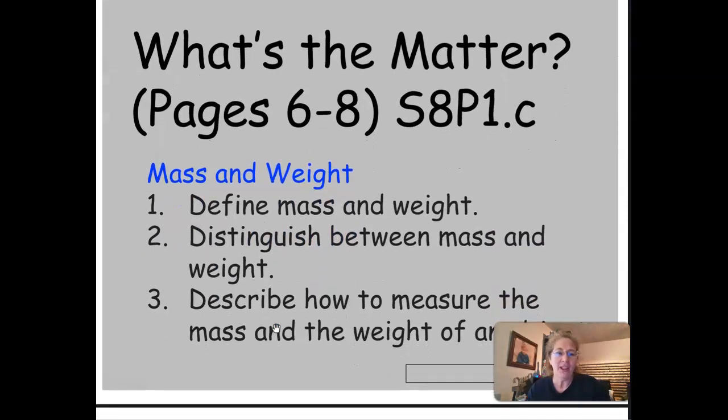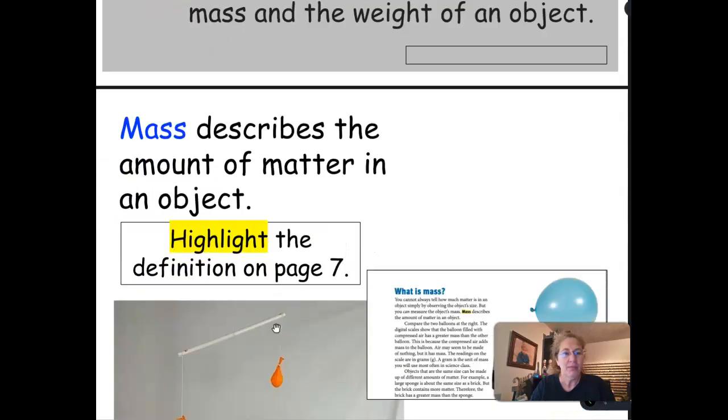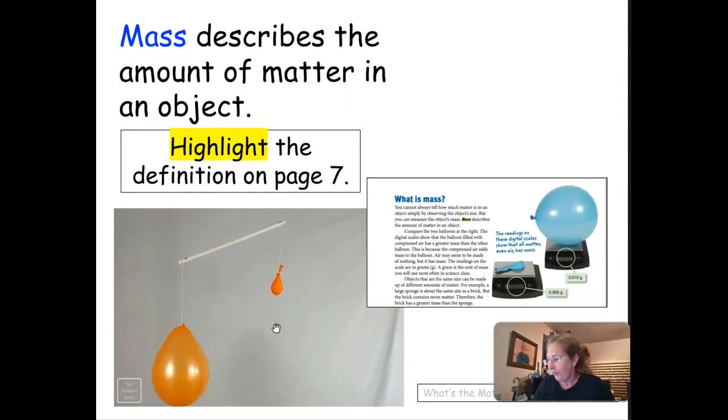In What's the Matter, there are 3 things it's going to go over. It's going to define mass and weight, help you determine the difference between the two, and show how we measure them. Mass describes the amount of matter in an object, and again, you need to highlight this definition on page 7.